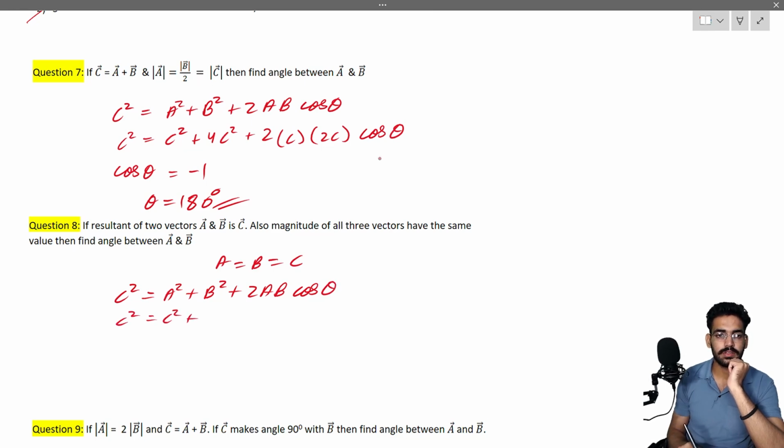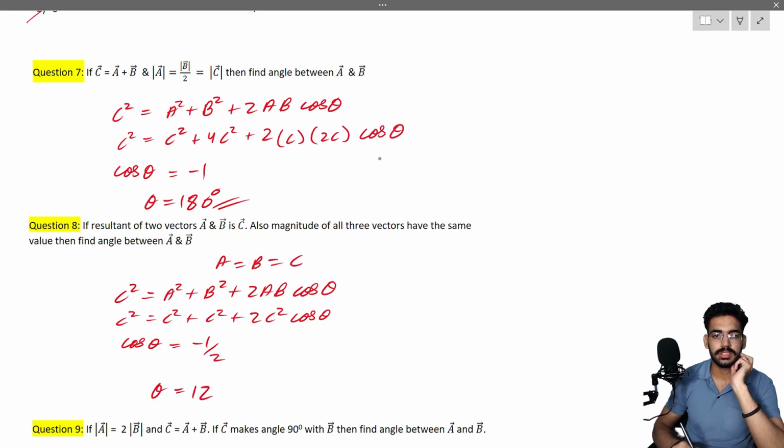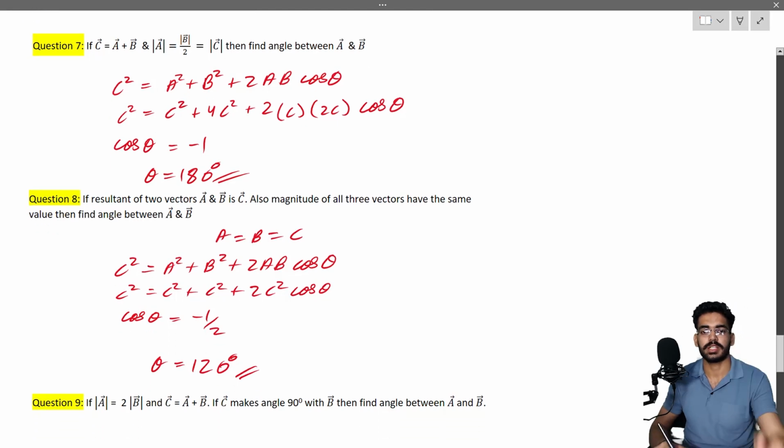Put all equal to C only. C square equal to C square plus C square plus 2C square cos theta. So cos theta equal to minus 1 by 2. Minus 1 by 2 means theta equal to 120 degree. This is from trigonometry. We have already discussed how to calculate the value. Okay, now let's see the next question.